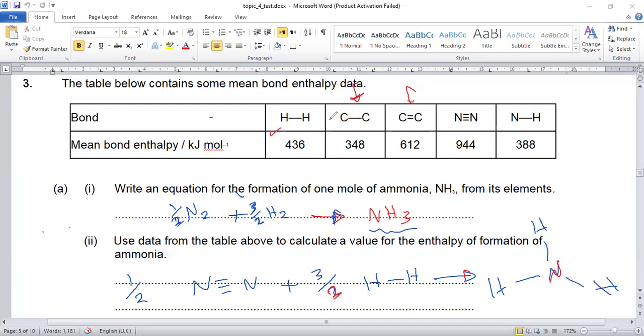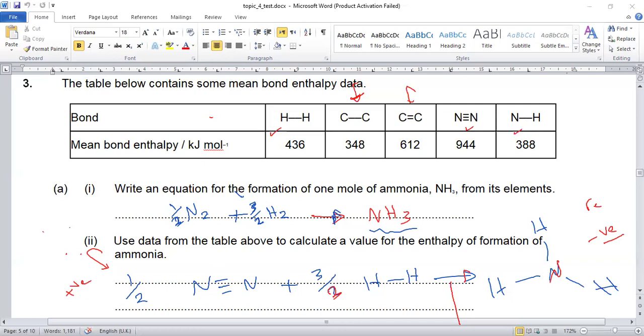We'll use the H-H, N triple N, and N-H. And don't forget the trick: we write the value for the reactant as positive and the value for the product as negative for the same bond, because energy is released here and absorbed here.